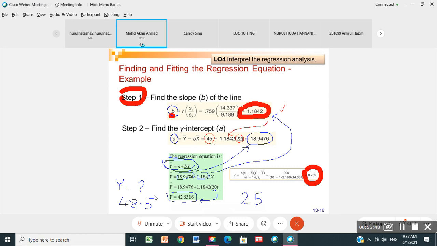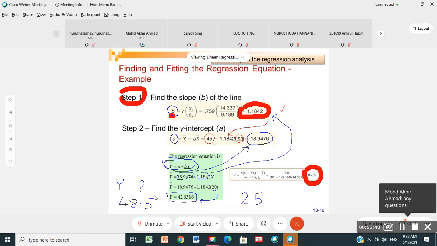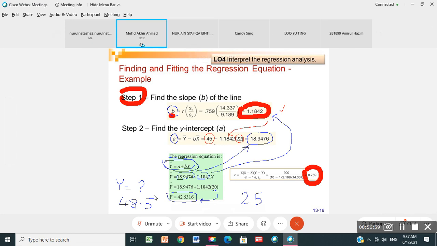Is it understood? Any question? Ada soalan? Okay, kat mana soalan?